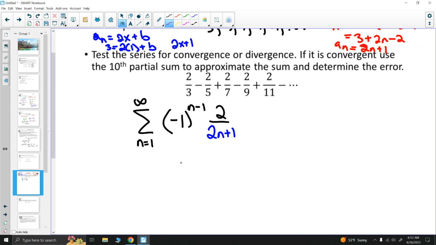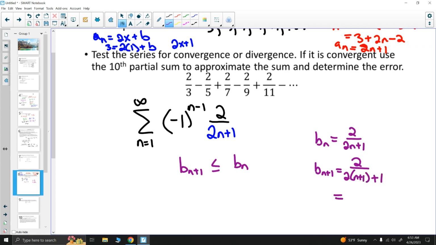So as a reminder, we need to first see, okay, is b sub n plus 1 less than or equal to b sub n? So if we take a look at it, again, our b sub n here is 2 over 2n plus 1. So b sub n plus 1 would be 2 over 2 times n plus 1, which would be 2 over 2n plus 2 plus 1, which is 2n plus 3.